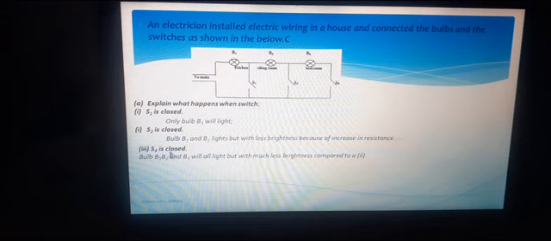What if now we close S3? All the 3 bulbs will light but with less brightness compared to the case above. Reason: there is more resistance because the 3 bulbs are in series.